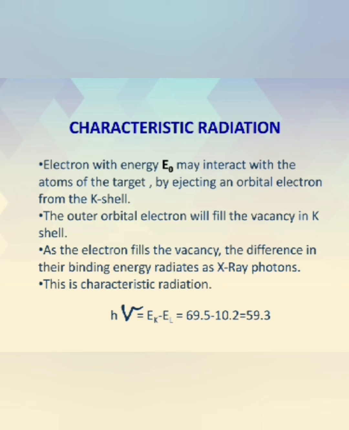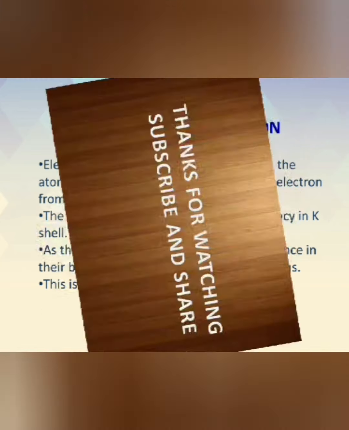So the difference you get is 59.3. That is 69.5 minus 10.2, and the result is 59.3. So this is the energy difference between the binding energy of the K shell and the binding energy of the L shell. Based on this energy, the X-ray photons are produced.